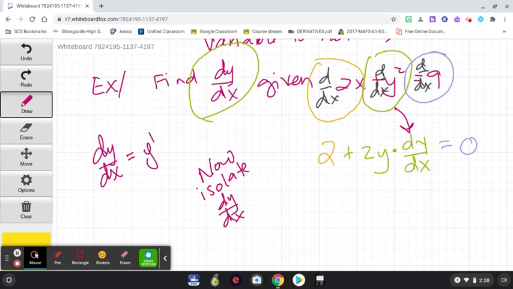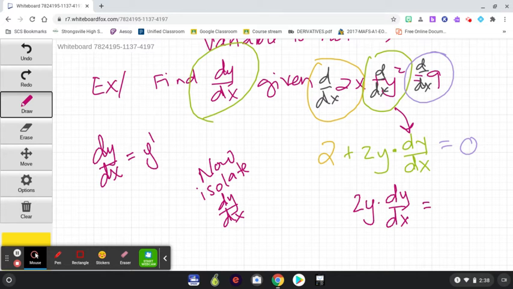A generic problem like this will pop up in the multiple choice, a related rate problem could show up in multiple choice or free response, or in the differential equations unit, chapter 9, where we had to take the second derivative of a derivative, and that forced us to do implicit differentiation.